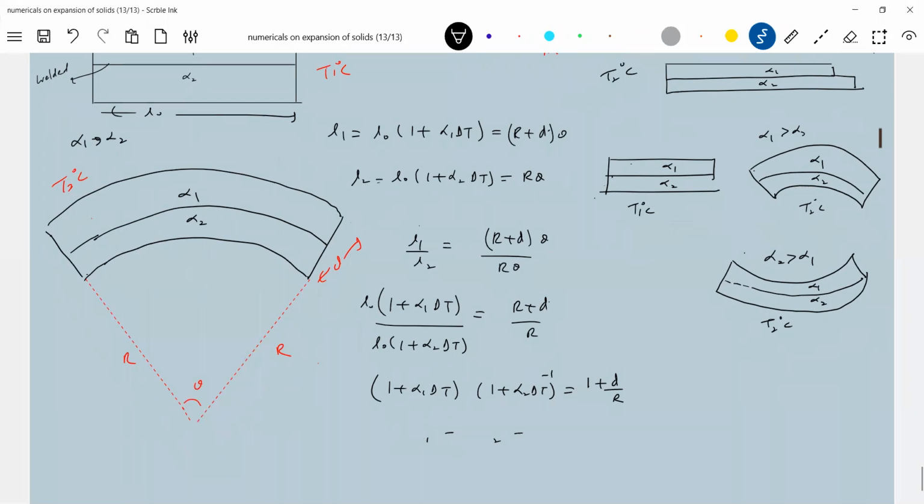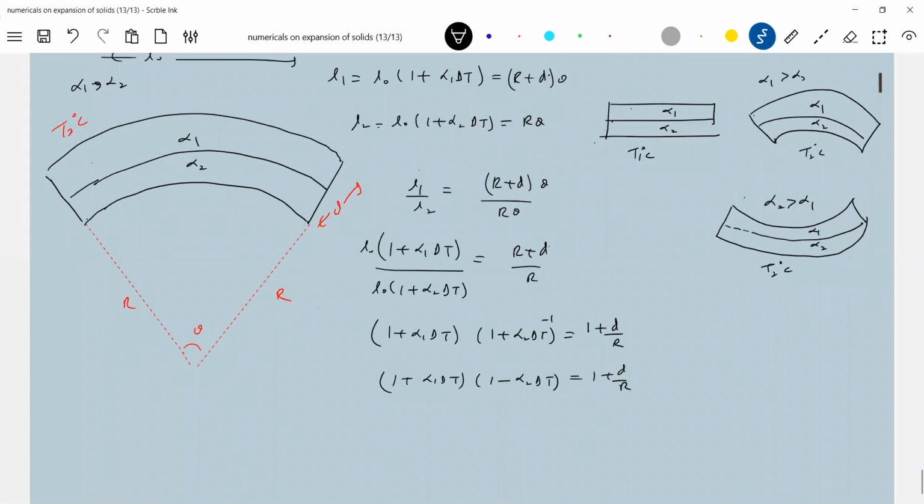I'll go for one more step. 1 minus alpha 2 delta theta, 1 plus D by R. So that one gets eliminated.